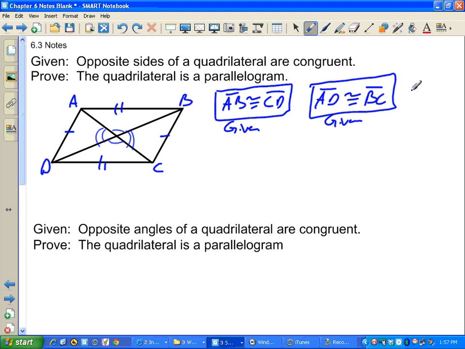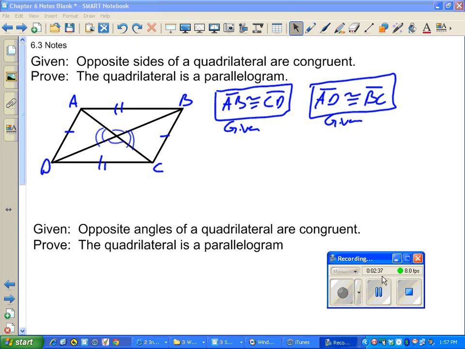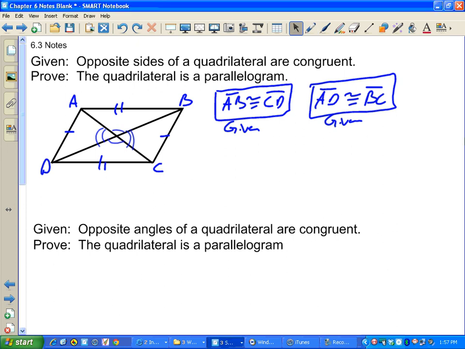I guess I need another letter here, so we could put this as E. Okay, E will be our middle point there. But just by looking, that's only going to give me a side and an angle in all these triangles, and I'm not going to have enough information to get anything else. So I really don't think that is that helpful.